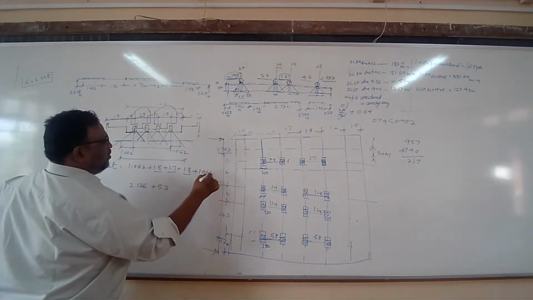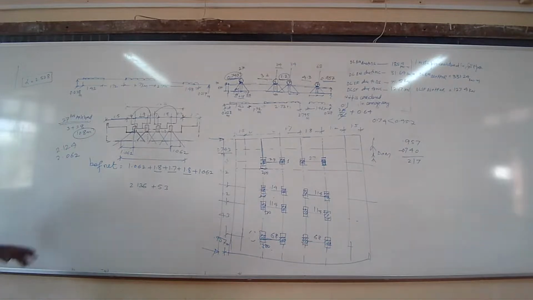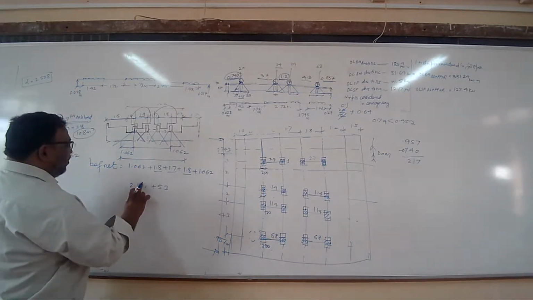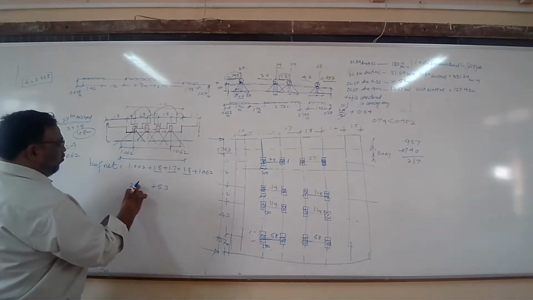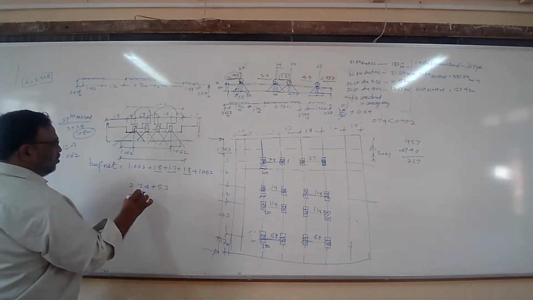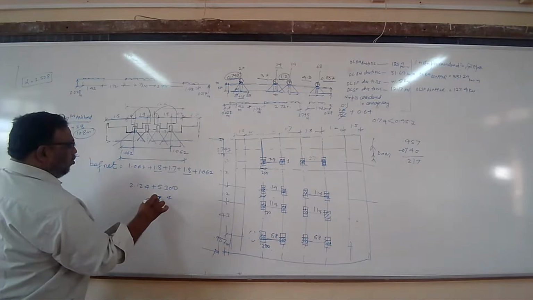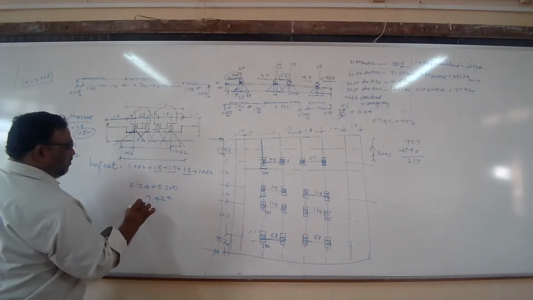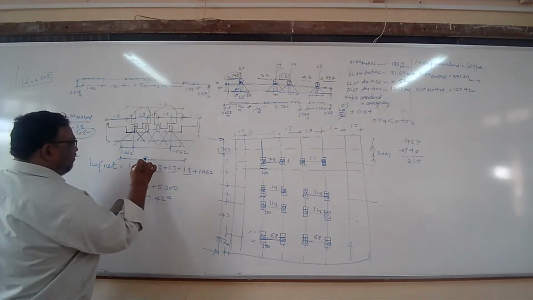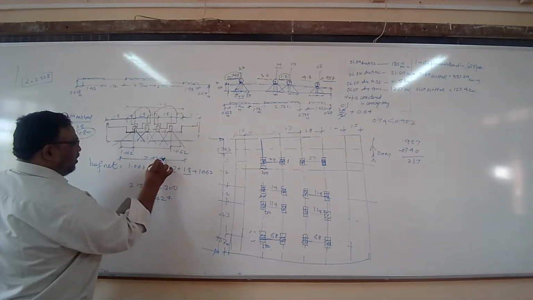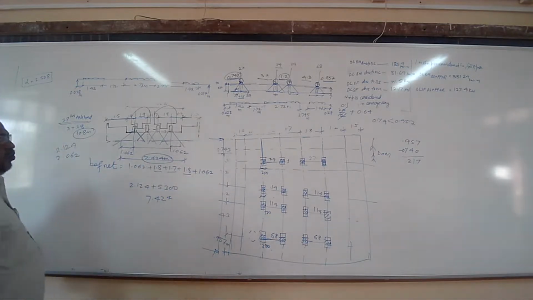It will be 1.062. It is going to merge, so how much will it become then? 2.124. So this is 7.424 meters on which the effect of this load will be.